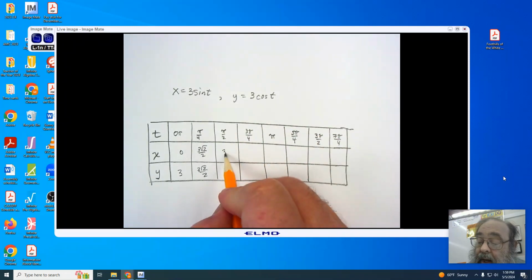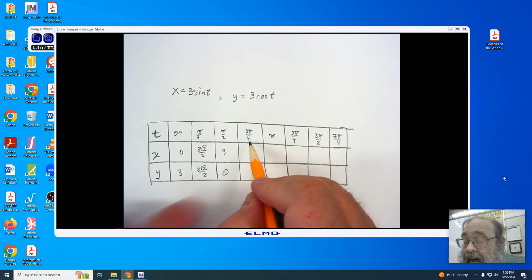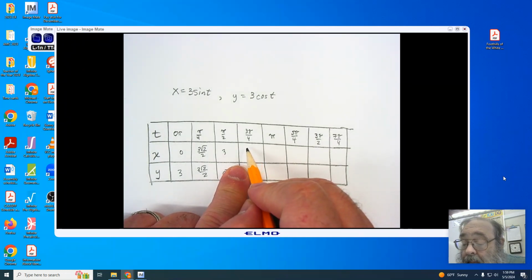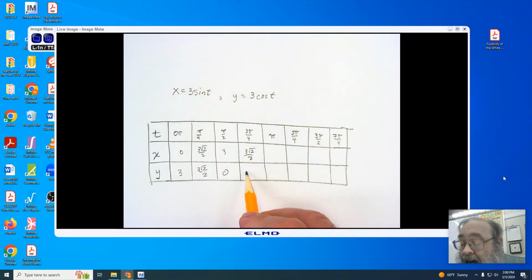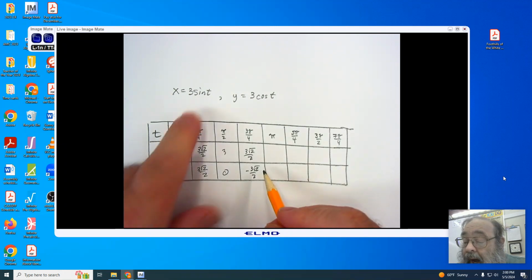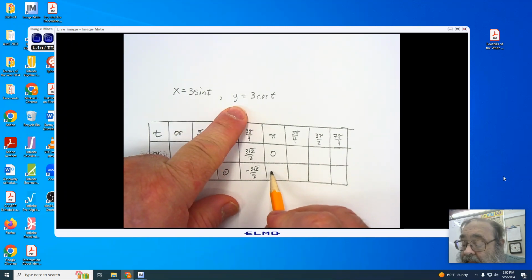This is now 3, but this is now 0. Now I've got a positive. So still 3 root 2 over 2, but notice this one's going to be a negative 3 root 2 over 2. Then pi, well, let's see, that's going to give me a 0 again. That's going to give me a negative 3.